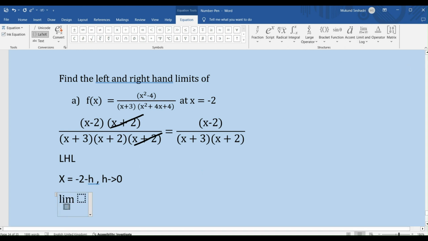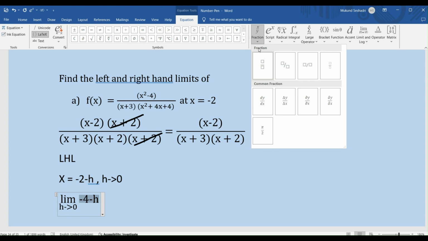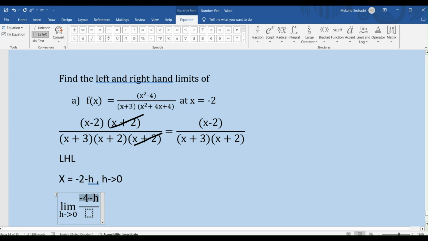Let me write it like this because I'm going to replace x by minus 2 minus h, with h tending to 0. And when I write my numerator, it is minus 2 minus h minus 2. So it becomes minus 4 minus h. And that is going to get divided by my denominator, which is (x plus 3) into (x plus 2), where I'm going to replace my x with minus 2 minus h.